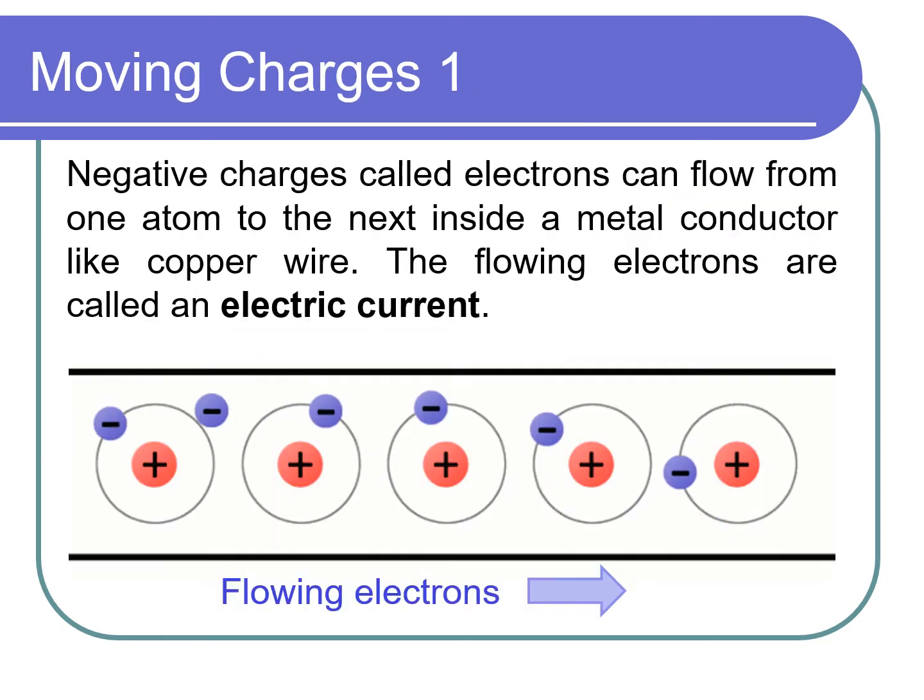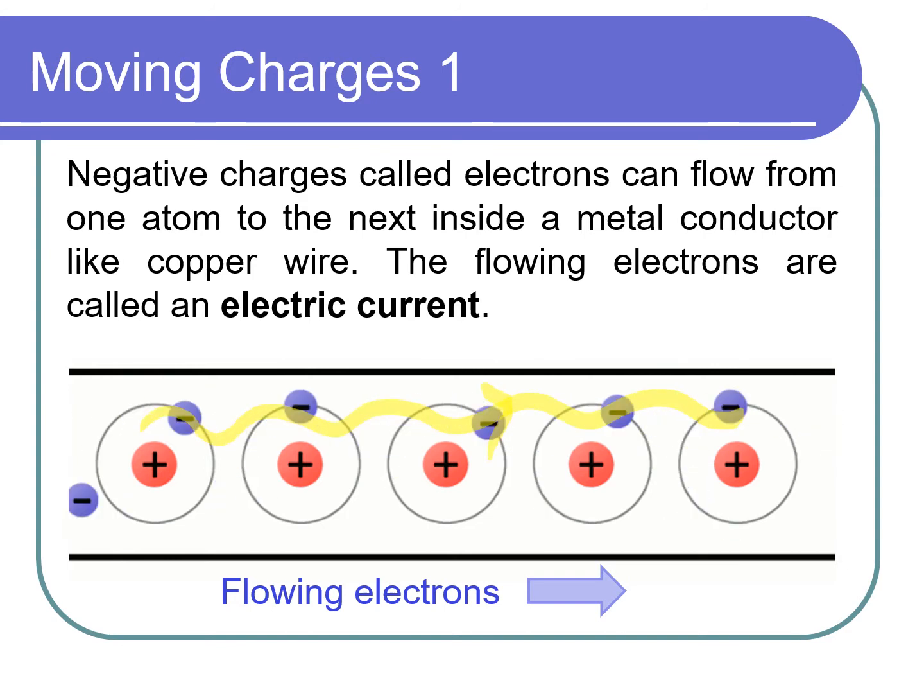Okay, let's move on. Now charges can move, and this is where we come on to current electricity. This is no longer static, this is moving. What you can see here is that the negative electrons can flow from one atom to the next. They can jump from one atom to the next like that, and that is a current.